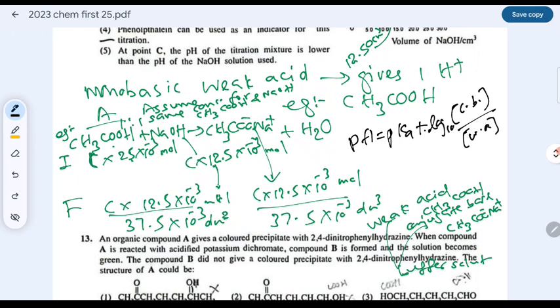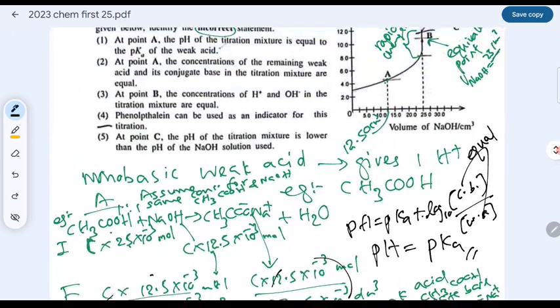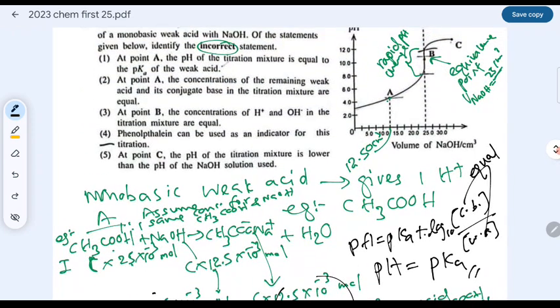Here this is the conjugate base concentration and this is the weak acid concentration. Both of them are equal, right? These two concentrations are equal. Therefore, pH is equal to pKa. Therefore, the first answer is correct. They are saying pH is equal to pKa.